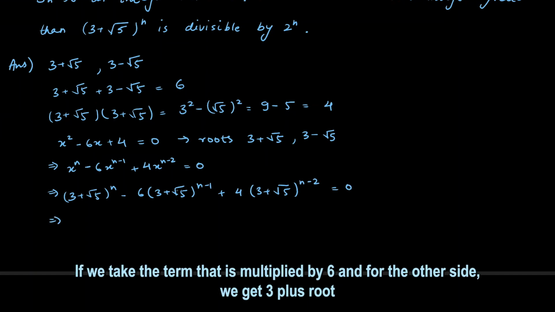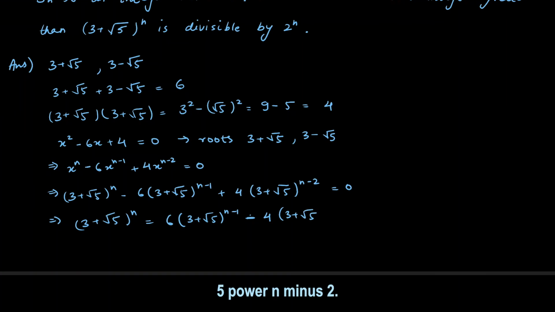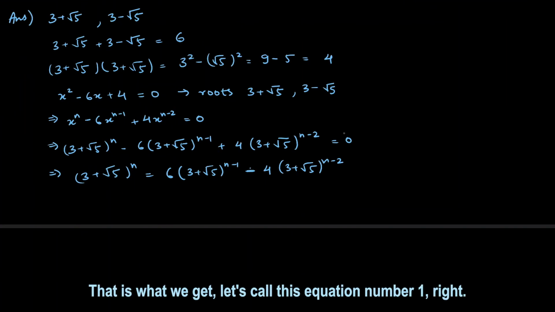If we take the terms multiplied by 6 and 4 to the other side, we get (3 + √5)^n = 6(3 + √5)^(n−1) − 4(3 + √5)^(n−2). Right, this is what we get.